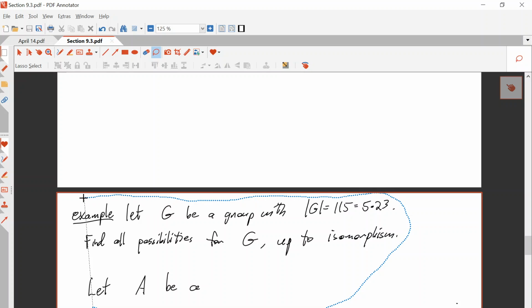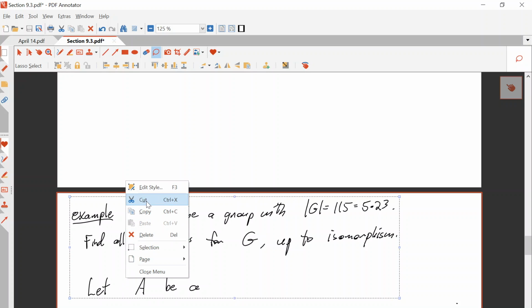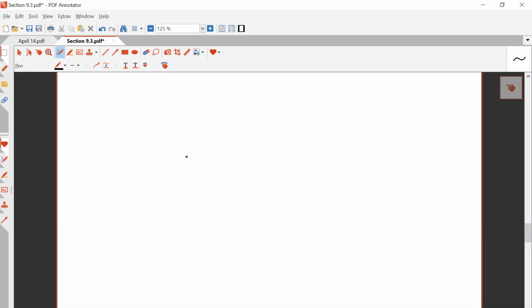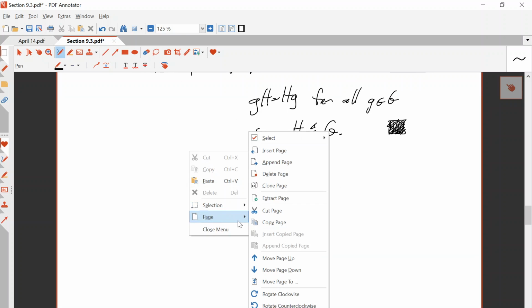It's congruent to 1 mod p, and it has to divide the order of the group. So that puts a lot of restriction on things.